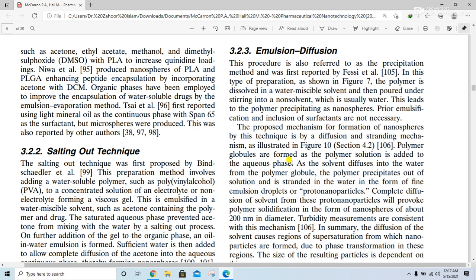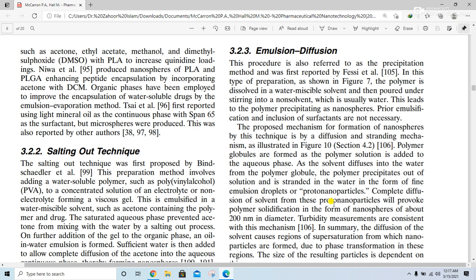Polymer globules are formed as the polymer solution is added to the aqueous phase. As the solvent diffuses into water from the polymer globule, the polymer precipitates out of the solution and is stranded in the water in the form of emulsion droplets or proto nanoparticles.